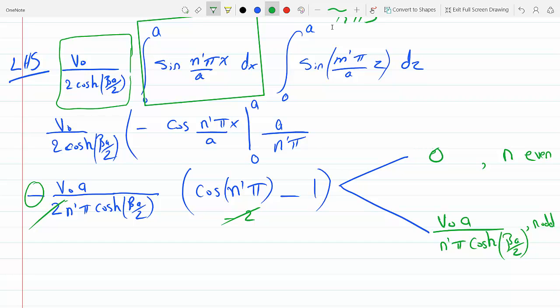Without this, I got this integral to be, yeah, I should have left that outside here. Wait, let me fix this really quick. So keep that minus outside. This is all multiplying, right? I could switch the sign and absorb the minus sign, and I will make this a over n prime pi.